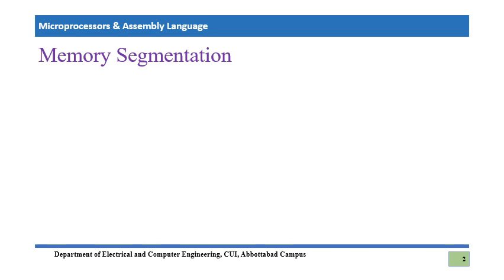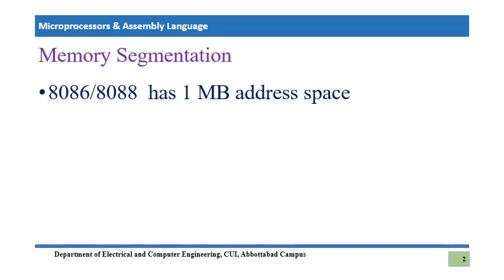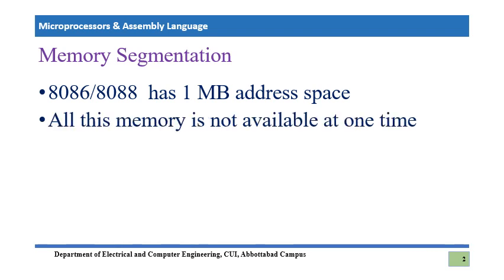Before we proceed towards the main topic, I want to list some of the facts which we already know about memory and memory segmentation. The 8086 or 8088 microprocessor has 1 megabyte of memory, and all this memory is not available at a time, which means a programmer cannot access all the memory instantaneously.